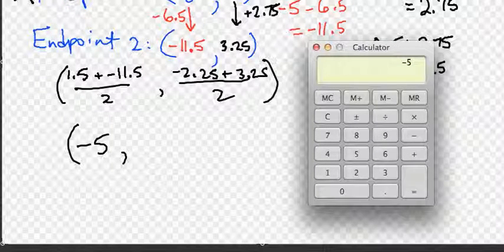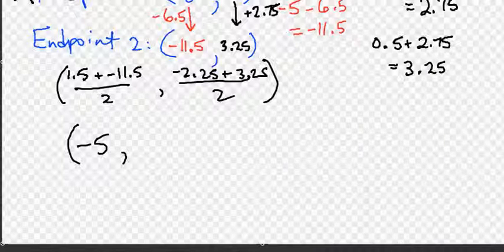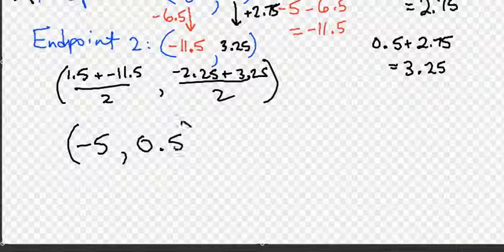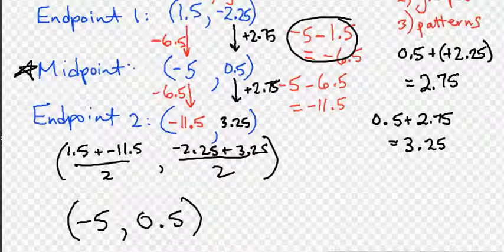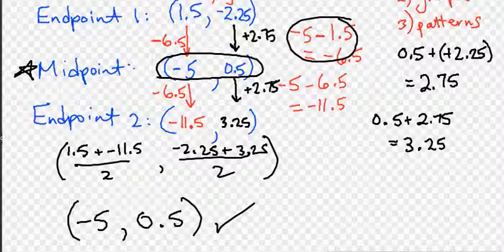Okay, same thing for the y. All right, so we've got -2.25 plus 3.25. Okay, and then we're dividing that by 2, and we get 0.5. Now you check to see if this matches the midpoint right here, and it does, so we're good to go.